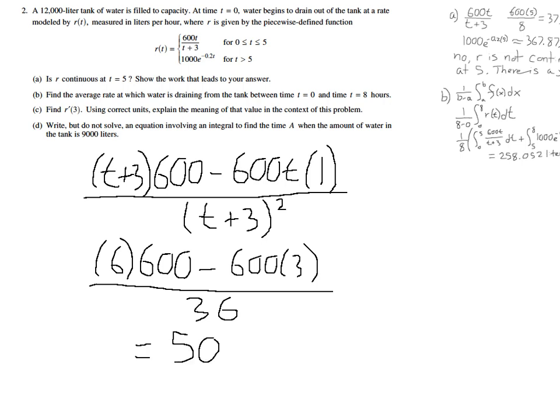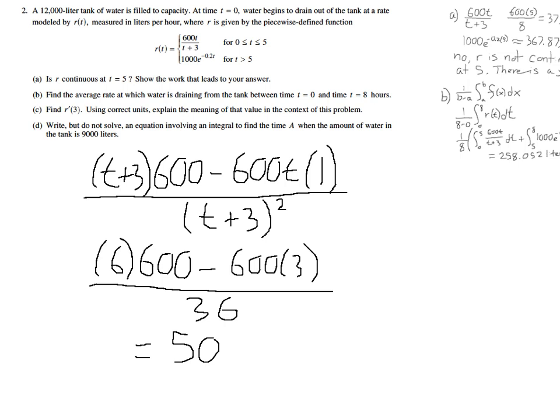And because this was already a rate of change, liters per hour, and then I took the derivative of that, it's almost like an acceleration, because velocity is the rate of change that we work with the most, and when you take the derivative of that, you get acceleration.